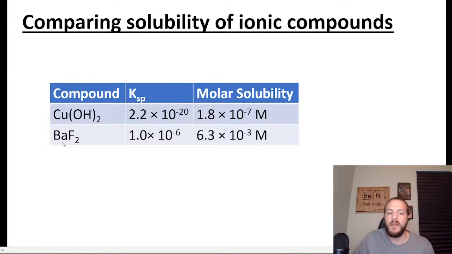The reason is that these two ionic compounds have the same dissociation stoichiometry. They produce the same number of ions in aqueous solution during dissolution. So you can compare the Ksps and conclude that barium fluoride, with a much, much larger Ksp, 1.0 times 10 to the minus 6, is more soluble than copper(II) hydroxide, 2.2 times 10 to the minus 20.